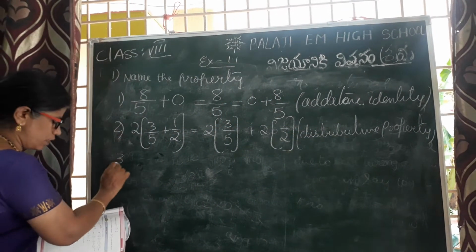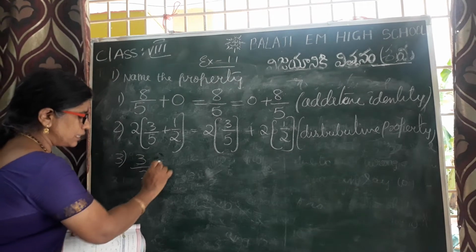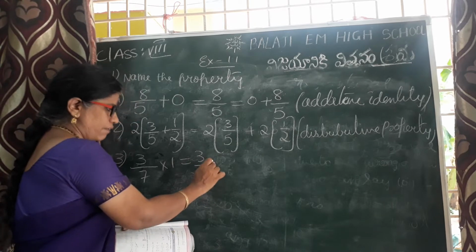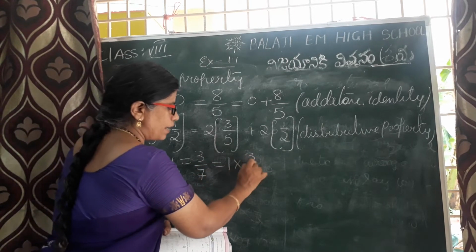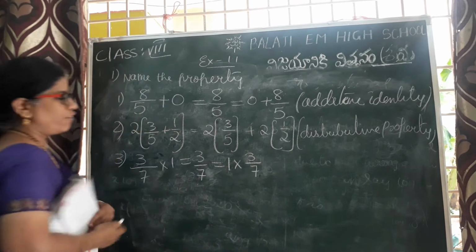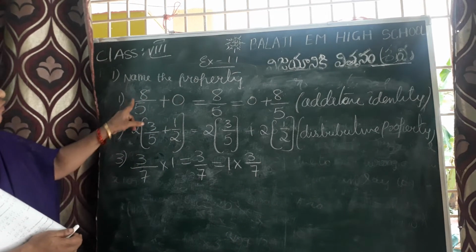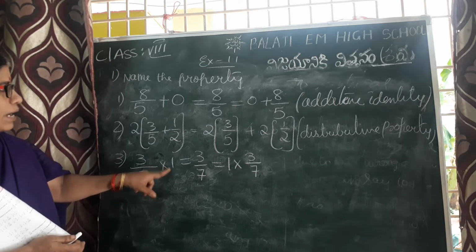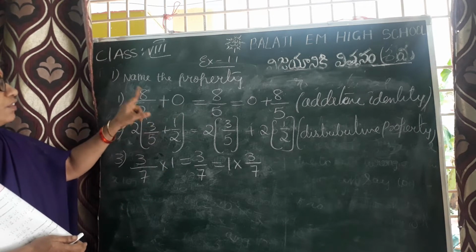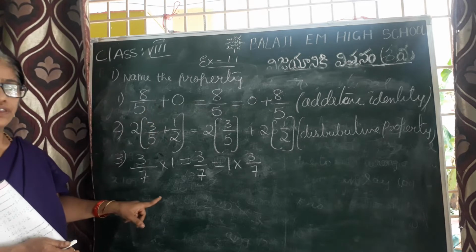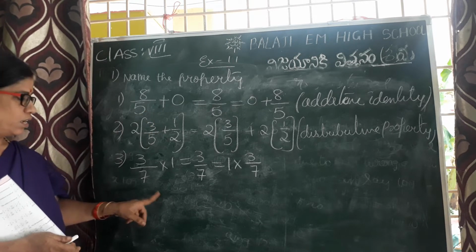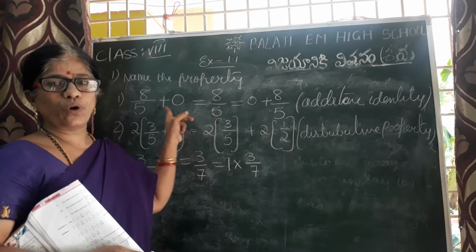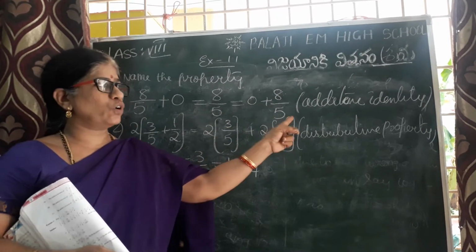Now coming to the third one, you have 3 by 7 into 1 is equal to 3 by 7 is equal to 1 into 3 by 7. If you carefully observe, there is no change in the first and the third term, except one has multiplication and the first question has addition. As we already know, 0 is the additive identity. We added 0 to get the same number.